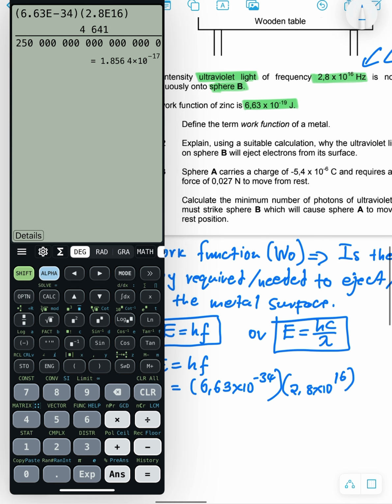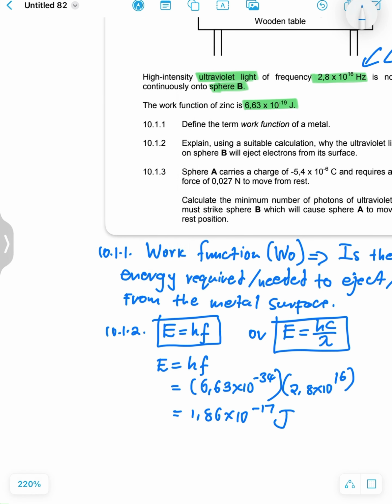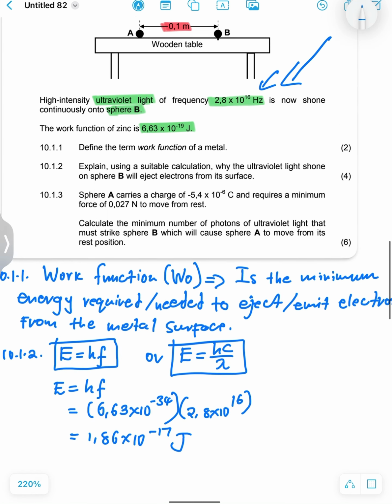So this gives you an answer of 1.86 times 10 to the power of negative 17 joules. So this is the energy of light that we are using here, which is the ultraviolet light.